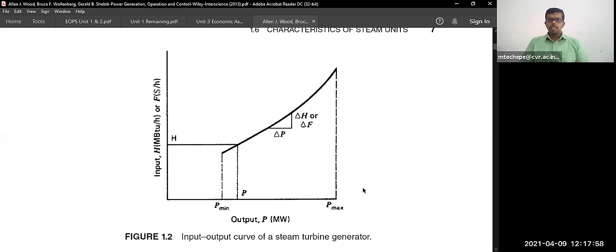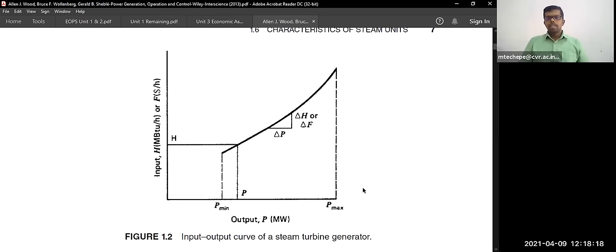We are not mentioning kilowatt or watt, because power generation generally is in megawatt, whether it may be 100 megawatt, 1500 megawatt, 2000, 2500.